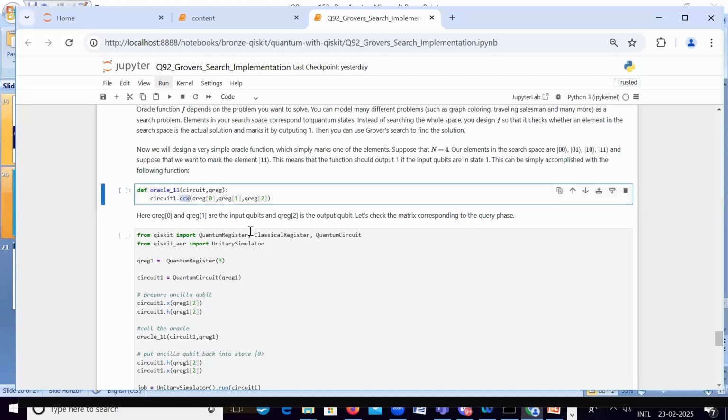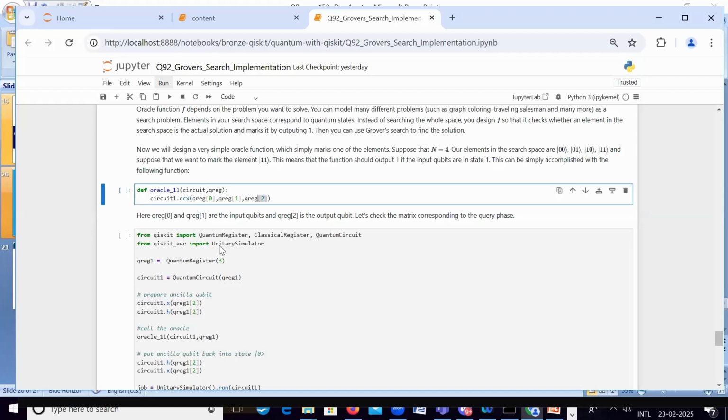It uses the CCX gate, a controlled-controlled NOT gate, and in doing that, it uses 2 control qubits, qubit 0 and qubit 1, and the target qubit is the last one. Here, Q0 and Q1 are the input bits, and then qubit 2 is the output one.